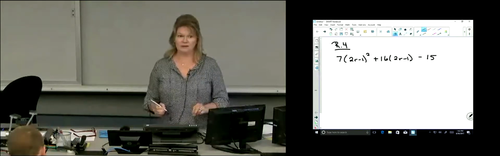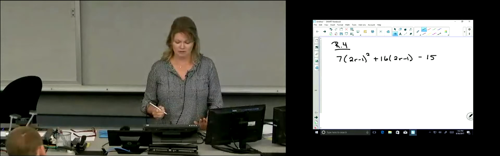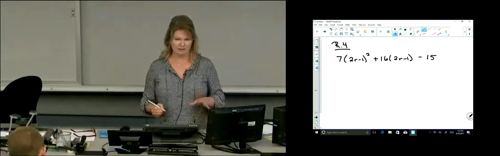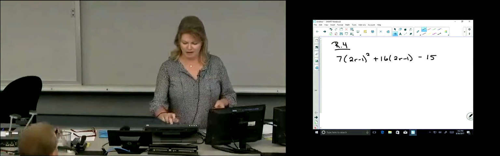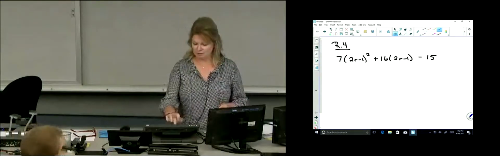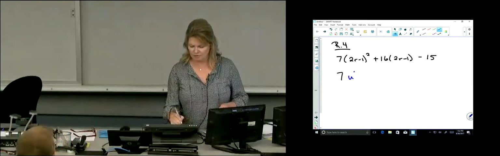This is definitely one where I would use substitution, because what is being squared isn't very simple. It's not just one variable. And remember, when we use substitution, most of the time we'll use the letter U.